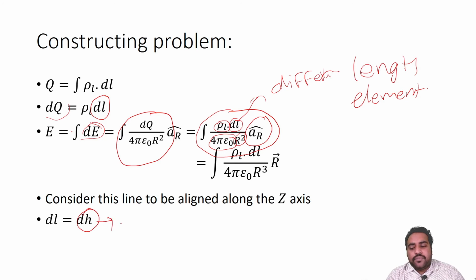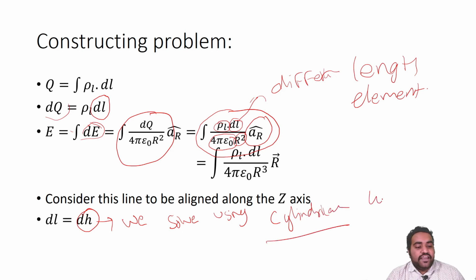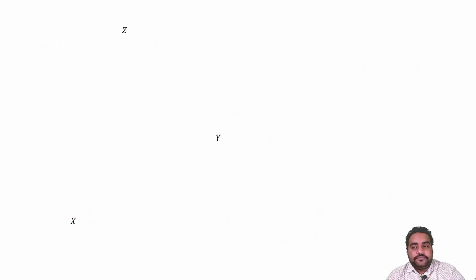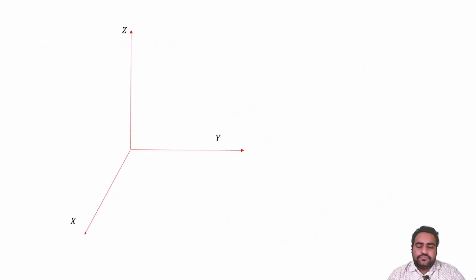Why dh? Because we solve this using cylindrical coordinate system. Why cylindrical? We would see. So these are the directions x, y and z. This is placed along z1 and z2.